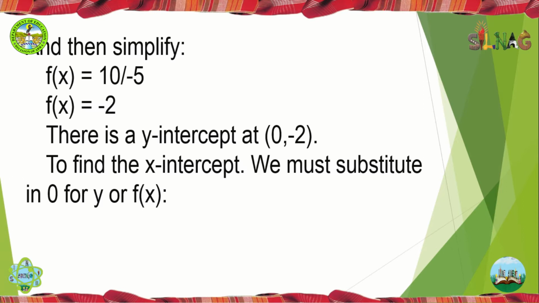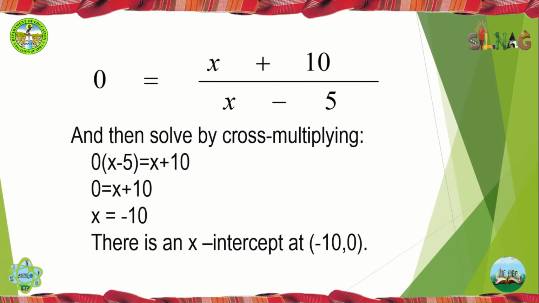To find the x-intercept, we must substitute 0 for y or f of x. So we have 0 equals x plus 10 over x minus 5, and then solve by cross multiplying. 0 times the quantity x minus 5 is equal to x plus 10 times 1, which is x plus 10. 0 times x minus 5 is 0, so 0 equals x plus 10.